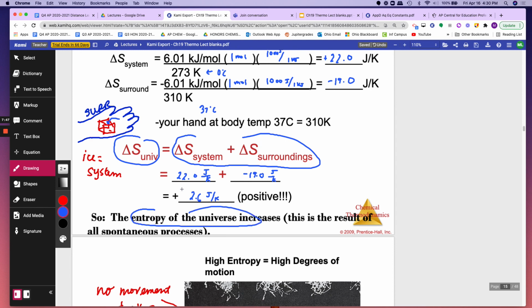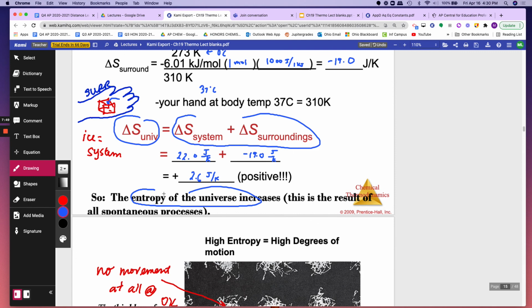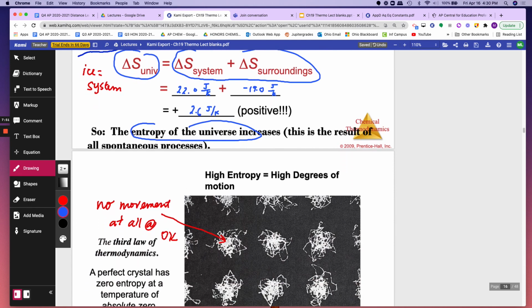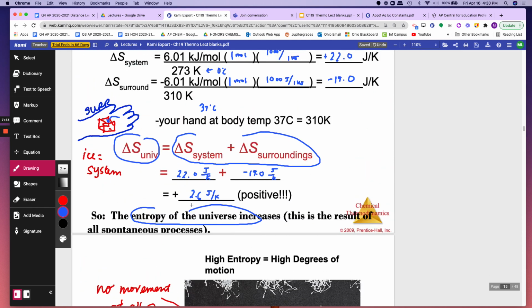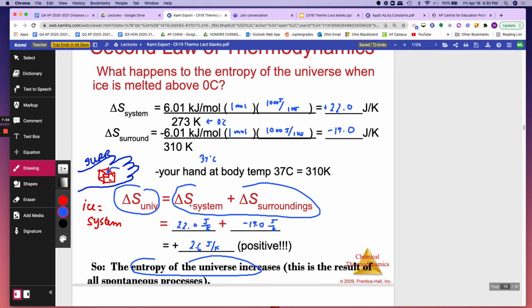And that's not the only spontaneous process on Earth. There's a lot. So that is the entropy of the universe, which explains the second law of thermodynamics.